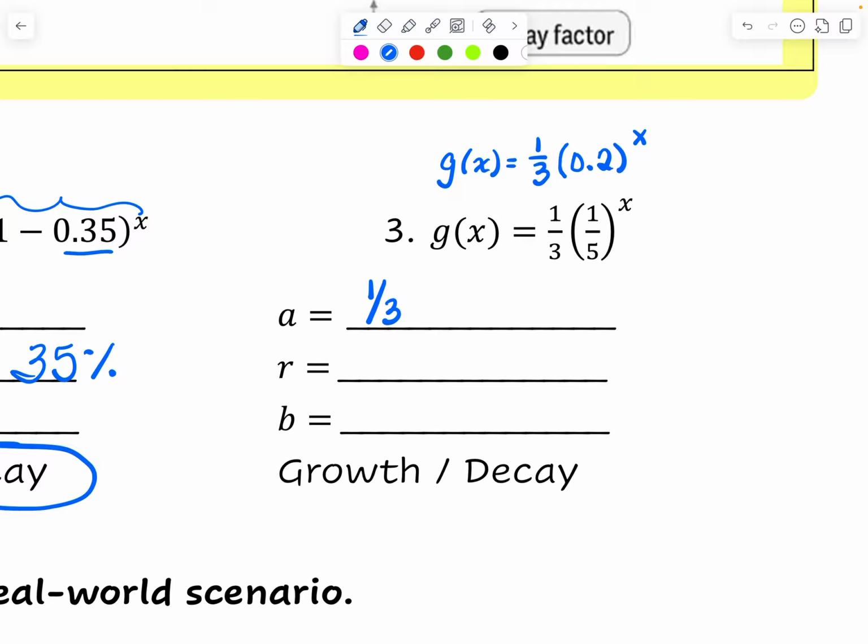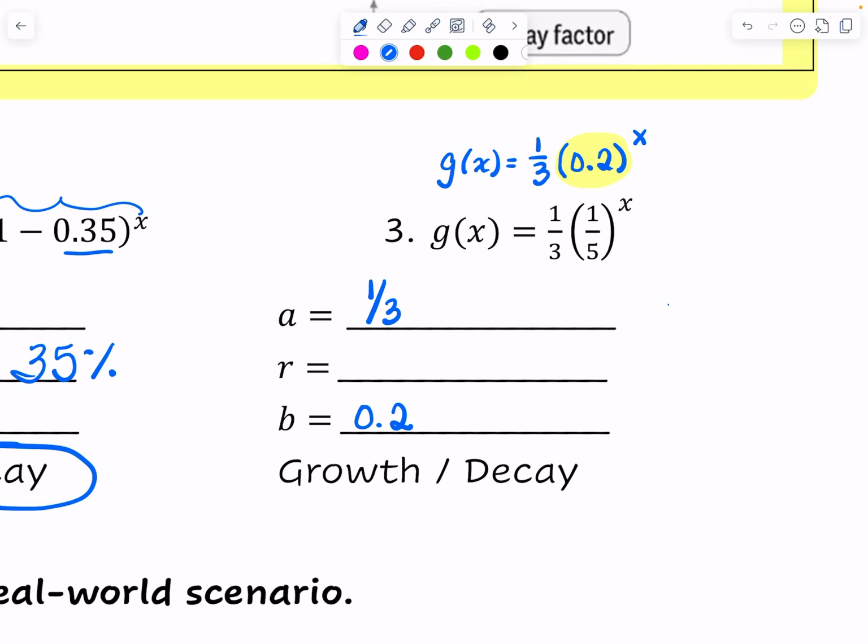Now, if you notice, there's only one number here inside the parentheses. That's because they've already put 1 plus r or 1 minus r, and they've already combined them to give me the b value. So our b value is 0.2. So how do we find that r value?